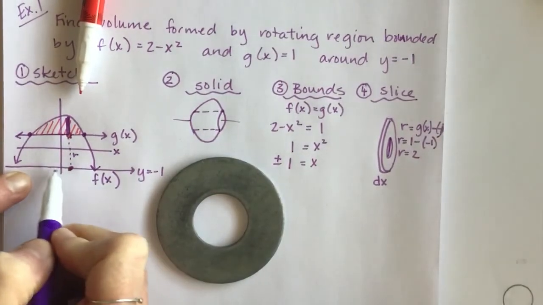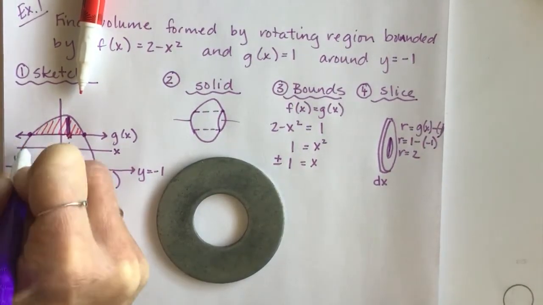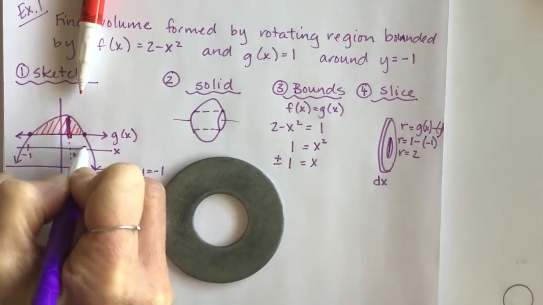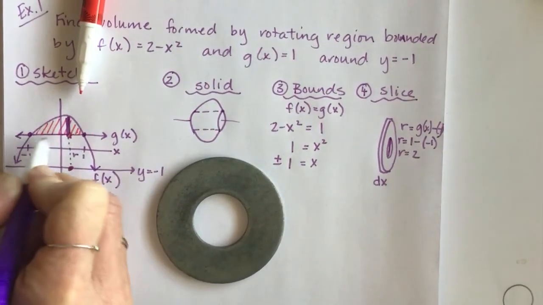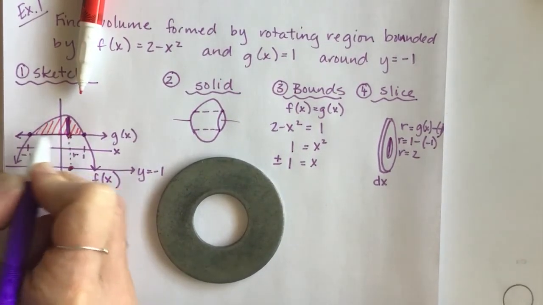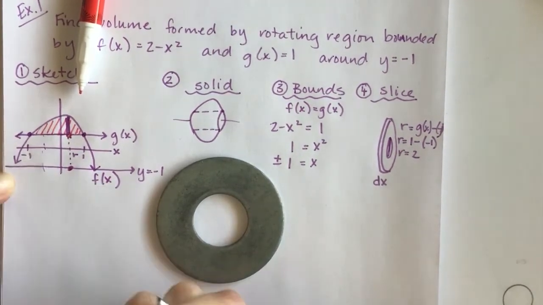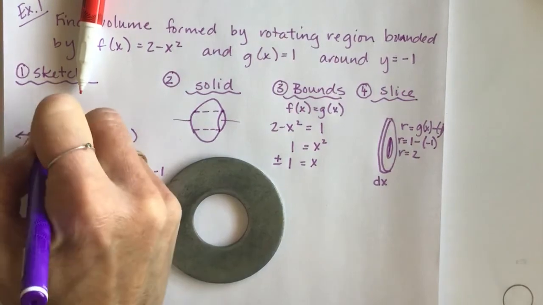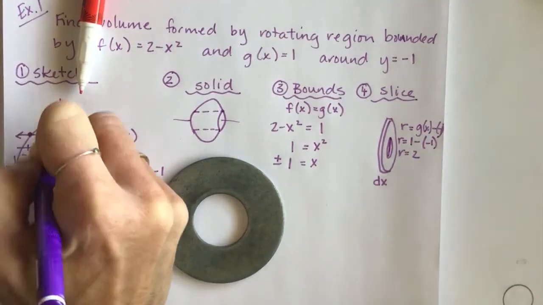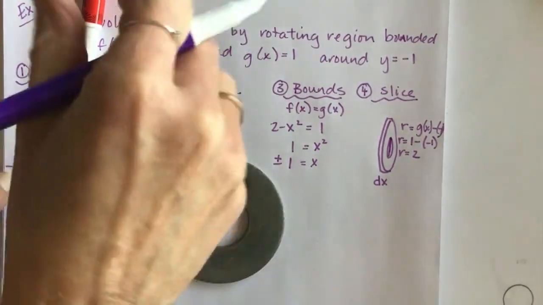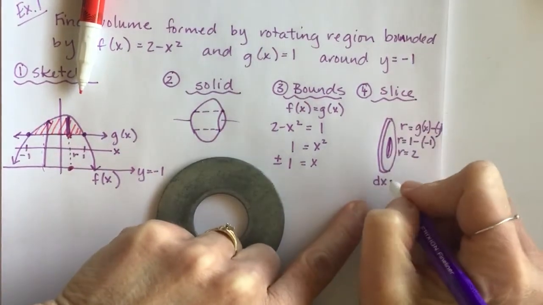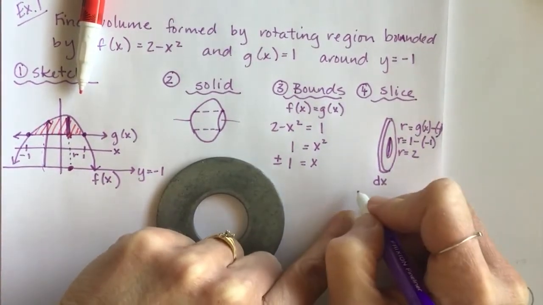As we travel across here from -1 to 1, this distance isn't changing at all. It's a constant 2. It's got 1 here and 1 here. Okay. Big R, though, that's what is definitely changing. So now we have to say, okay, big R, I'm going to write that down here.